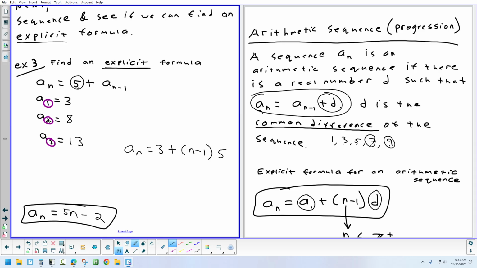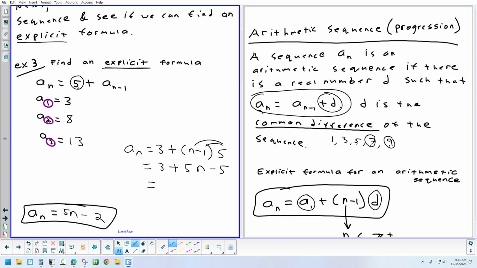When you have a 5 on the outside of parentheses, what do you do with that? Yeah, you have to multiply. You've got to distribute it, because right now that formula doesn't look like what we got. But let's simplify and see what happens. What's 5 times n? 5n. And what's 5 times negative 1? Negative 5.